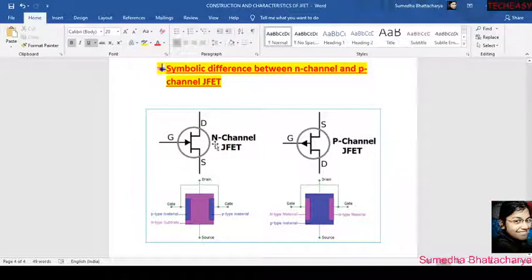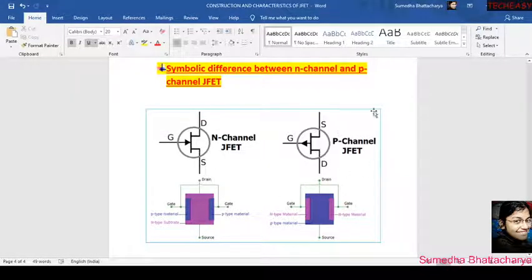Now in case of N channel JFET, which is P and which is N, if we only consider this region, obviously the blue region will be P and the pink region is N. So P to N, where is the arrow? The arrow is inside. Don't consider this region, only this region. In this case, the P to N is inwards, so the arrow is inwards.